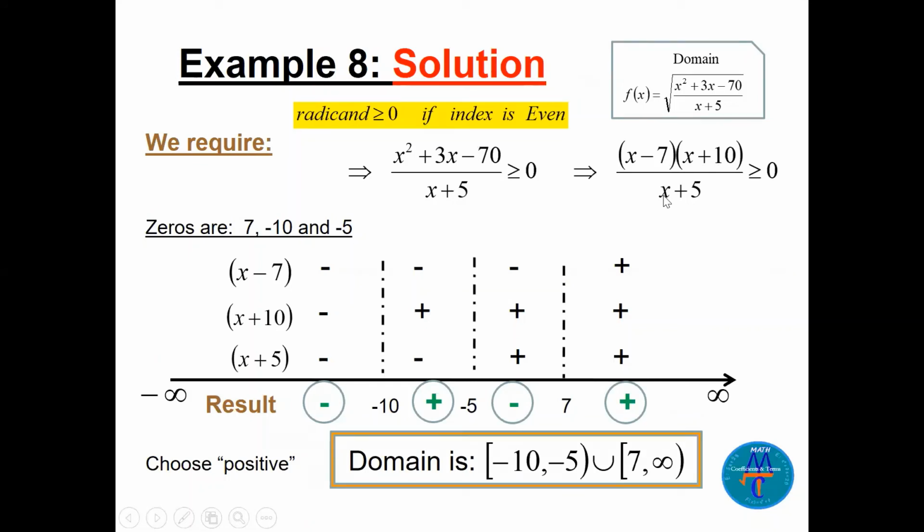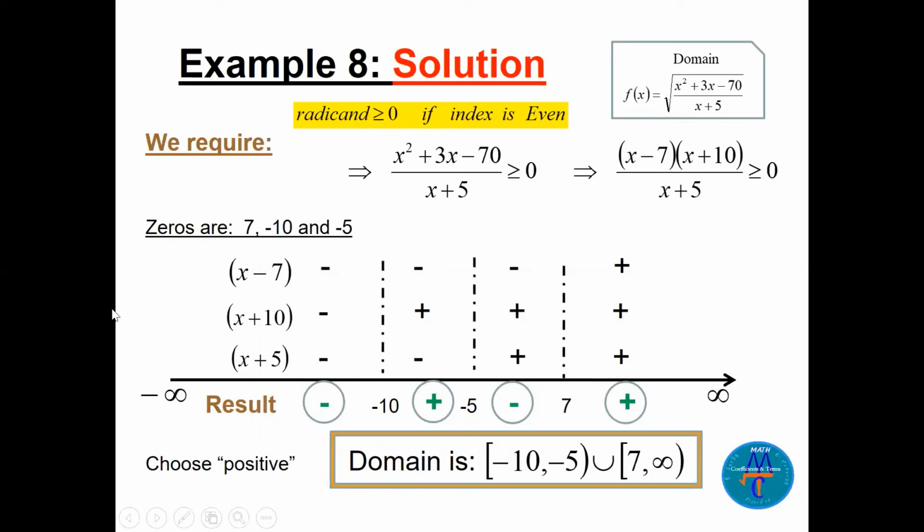Remember here, this is all these table of signs I mentioned before. It's in lecture 25. So I put the zeros here. What will make this one 0? 7, minus 10, minus 5. Remember, these zeros are not the solutions. These will help us to find the solutions and the domain.